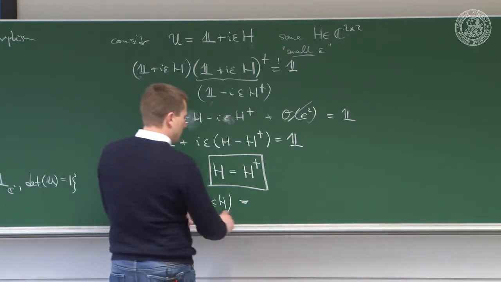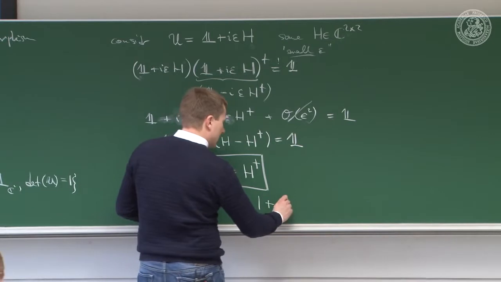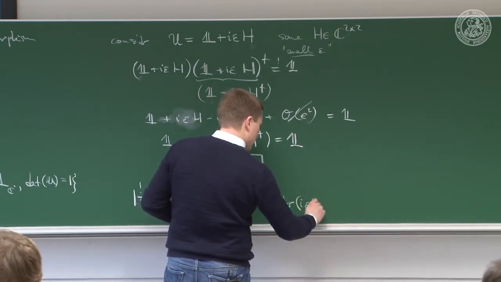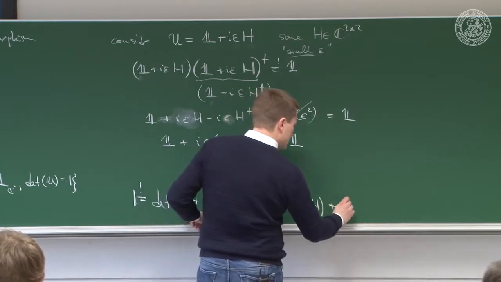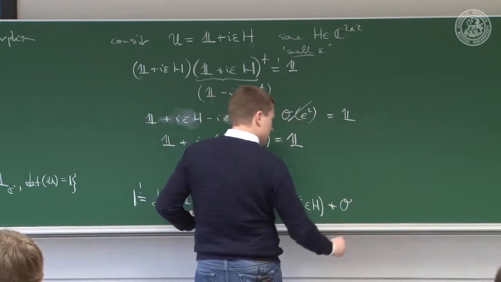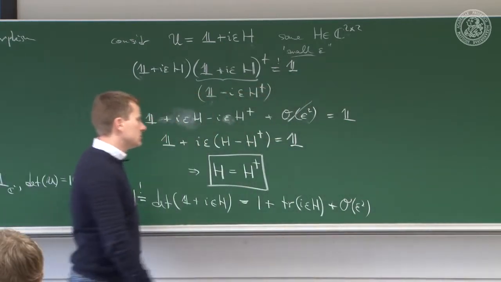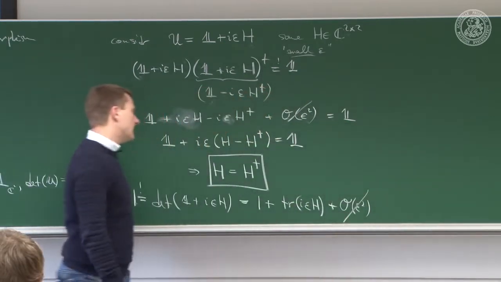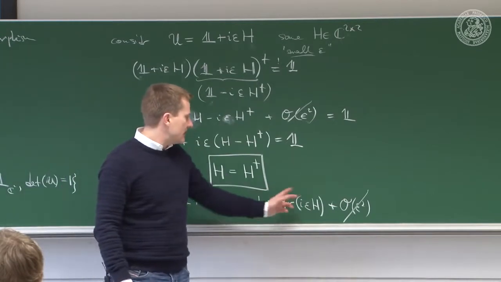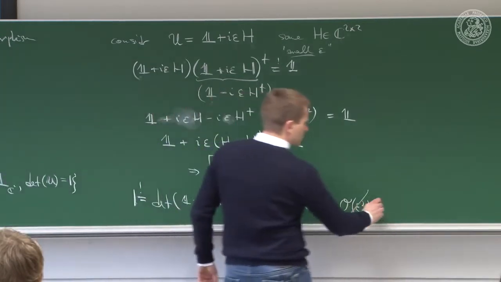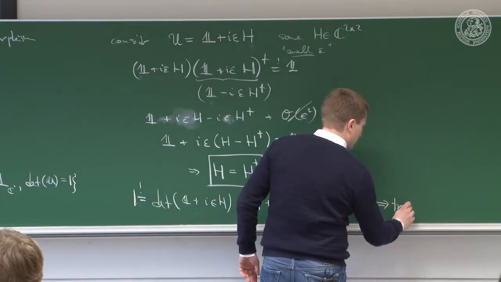So the determinant of 1 plus something is 1 plus the trace of this something, iεh, plus higher orders in the something. That would amount to higher orders in epsilon, which we again forget about, but the trace is linear, so the iε go out. The only way for this to equal 1 is that the trace of h vanish.